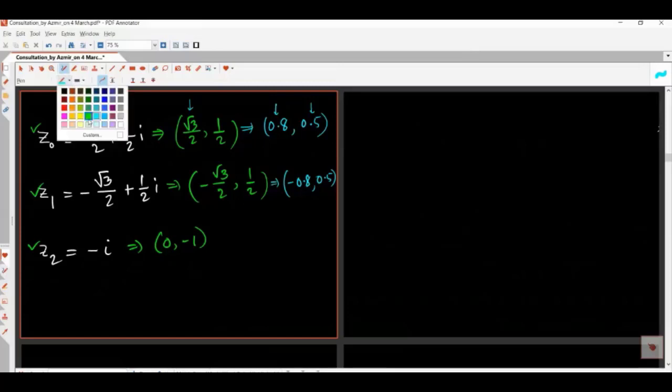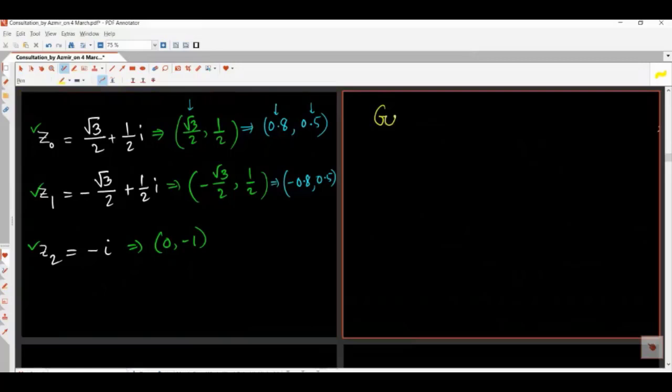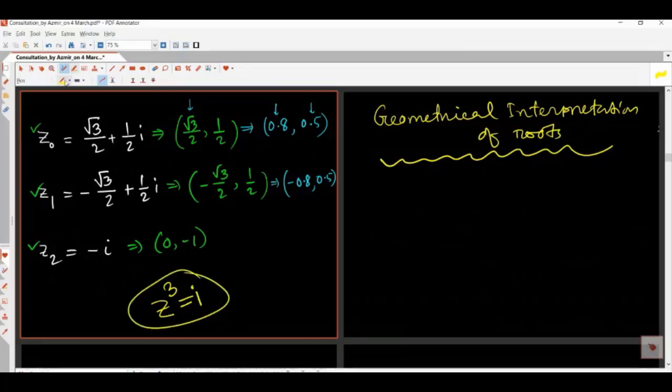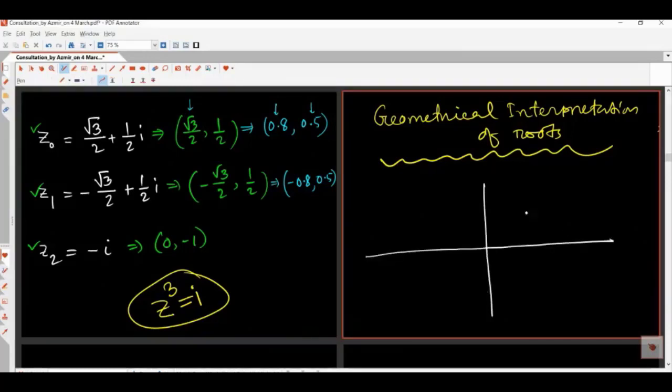Now we need to understand the geometrical interpretation of roots. z0, z1, z2 are roots of the equation z cube equals i. So we want to locate all the roots in our Argand diagram. Let us locate the first point, z0. Let's say this is 1, this is 1, this is -1, this is -1.